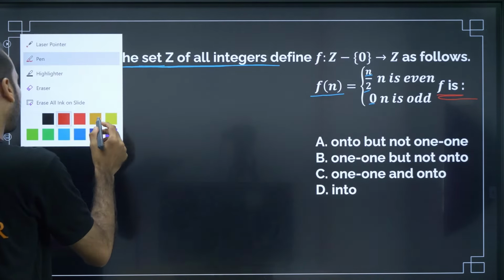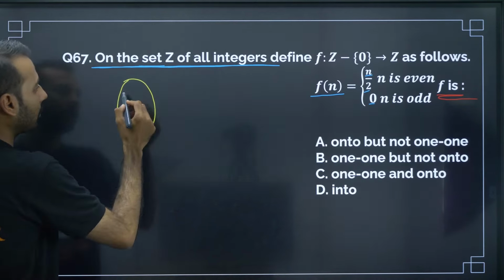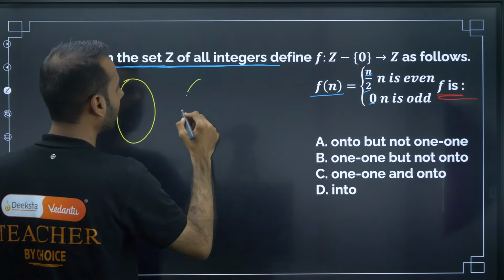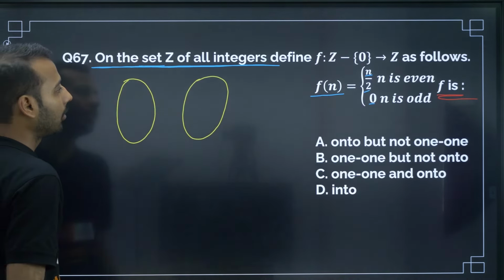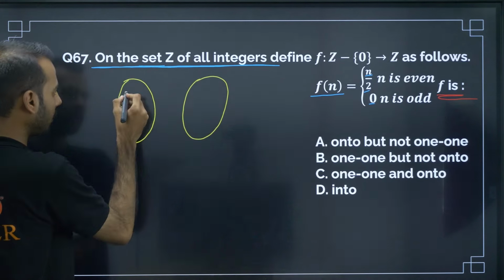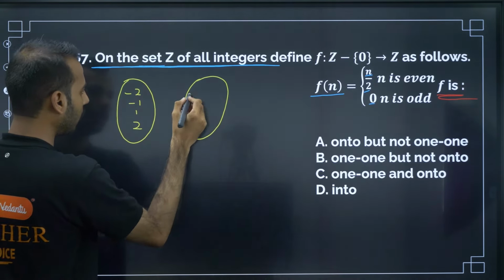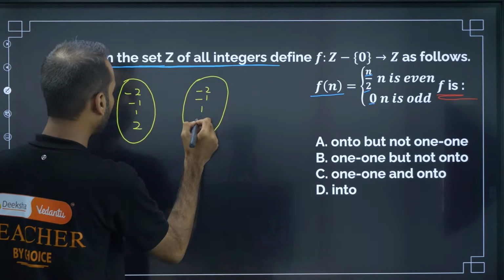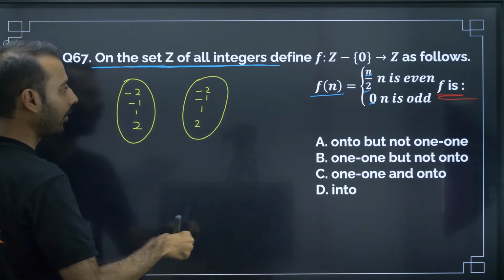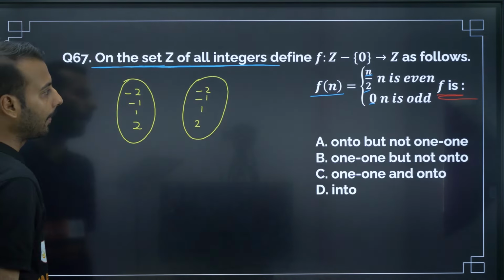For that, let me go for a mapping diagram. The function is from Z minus 0 to Z. Z minus 0 means minus 2, minus 1, 1, 2, and so on; here also minus 2, minus 1, 1, 2. If n is odd, the output is 0.